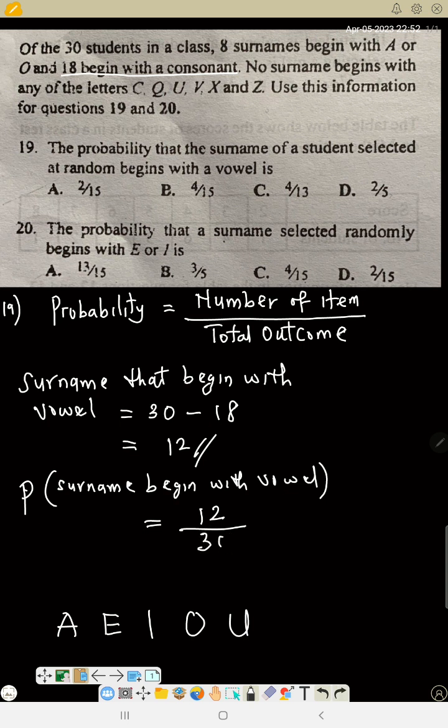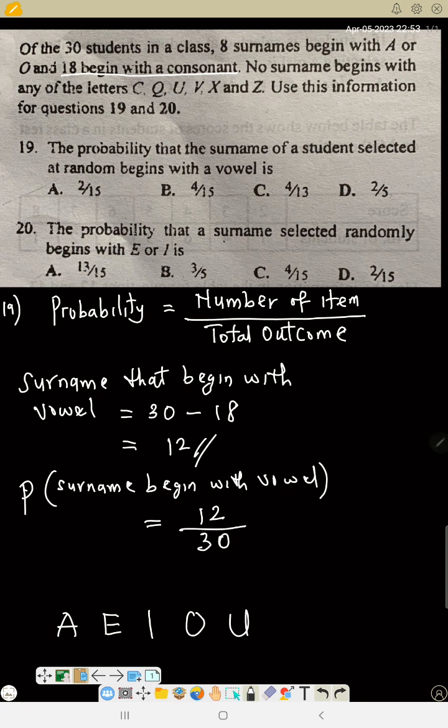Remember that 12 is the remaining. If you remove the surnames that begin with consonants from the total class, the rest will begin with a vowel, since in the alphabet we have vowels and consonants.